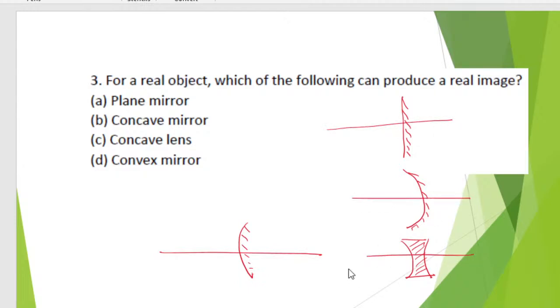So, out of the following 4 options, plane mirror, concave mirror, concave lens, convex mirror, where is it possible to have a real image for a real object? Out of the 4 options, A, B, C, D, you can write only the options. No problem.